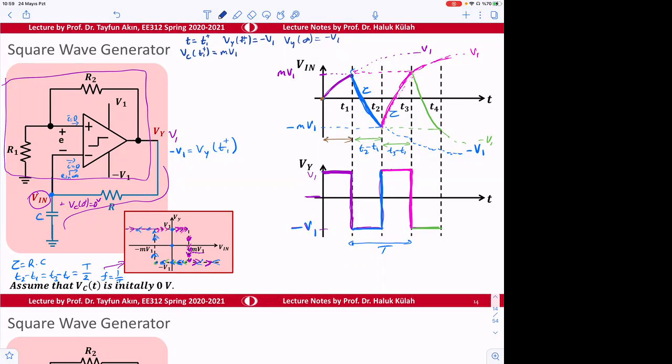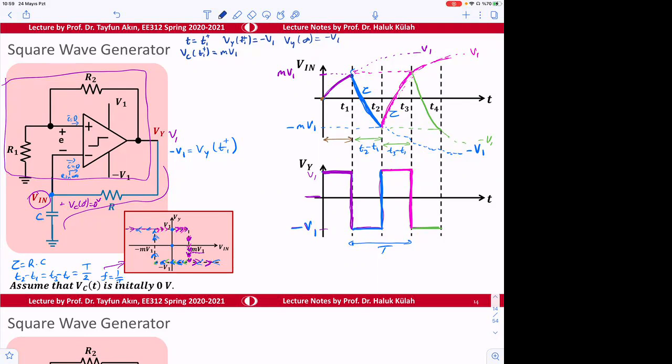So the capacitor voltage here is MV1. So we can write the equation, and we can find T1, we can find T2, and then calculate it.